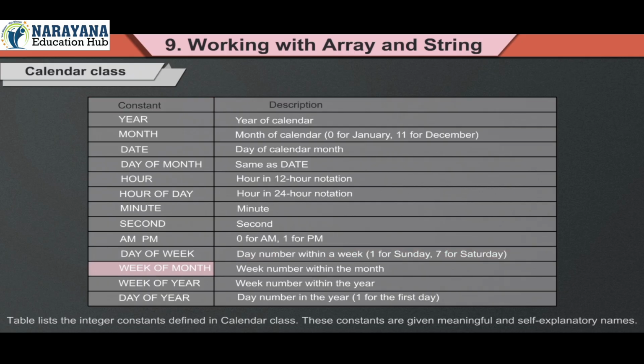Constant WEEK_OF_MONTH. Description: week number within the month. Constant WEEK_OF_YEAR. Description: week number within the year. Constant DAY_OF_YEAR. Description: day number in the year, that is, 1 for the first day.